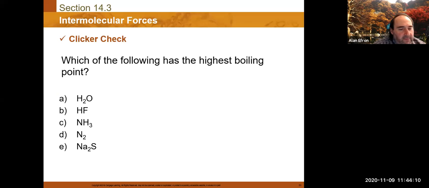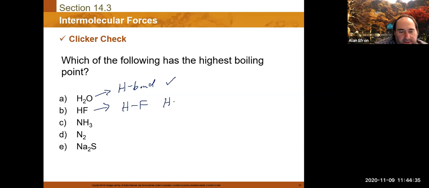Which of the following would have the highest boiling point? So again, if we want to go through this, we want to maybe think about what is happening here. So water, as we've seen in a number of examples, has the ability to hydrogen bond. So that should have a pretty high boiling point. HF, that's a hydrogen attached to a fluorine in a polar molecule.